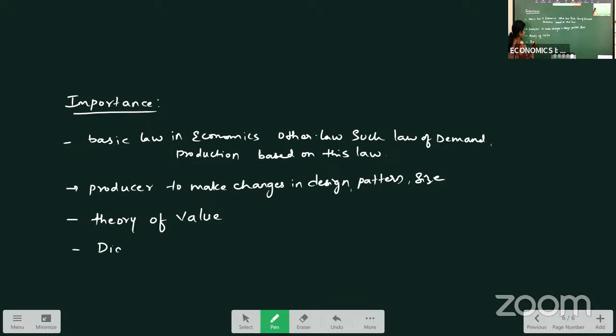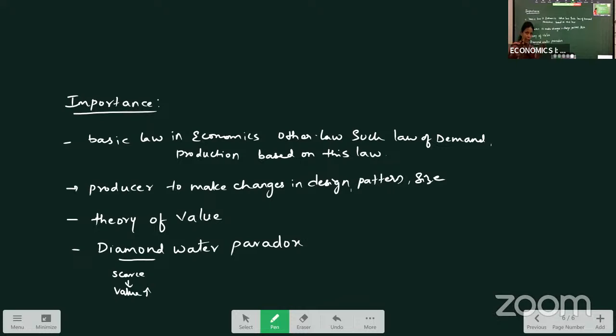Next one, the diamond water paradox is explained based on this law. Diamond water paradox is also known as the theory of value. Why do we say diamond water paradox? Because diamond availability is scarce, meaning they are less in number, but the value is high, right?